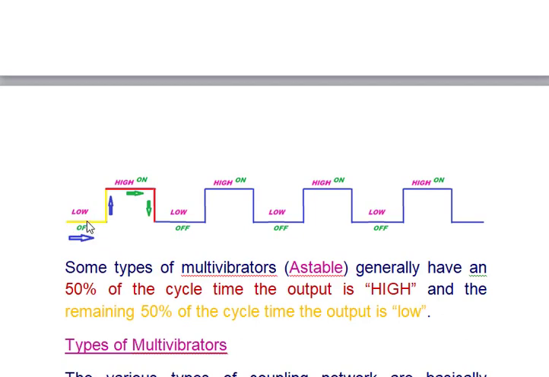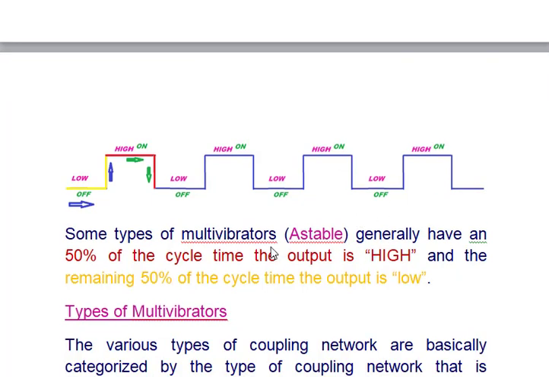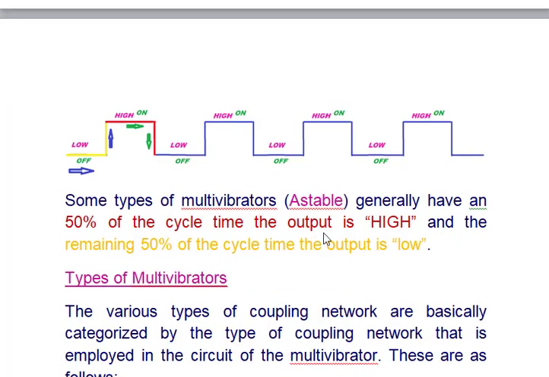See here, first it is low, 0, next high, again low, again high, so it goes on continuously. Some types of multivibrators, like the astable, generally have 50% of the cycle time with the output high and the remaining 50% with the output low.